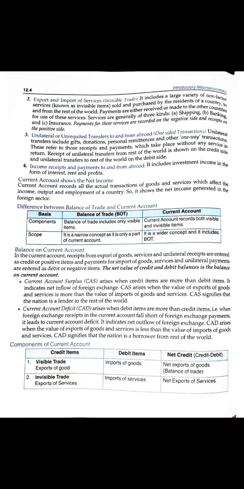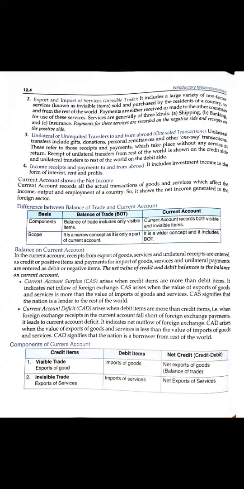What is the formula for net factor income from abroad? Factor income from abroad minus factor income to abroad. Yes, fine. So here the current account also shows us the net. Why? Because it records all the transactions, debits and credits, that is cash inflow and outflow. So we can easily calculate the net.